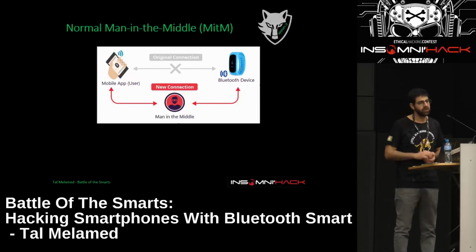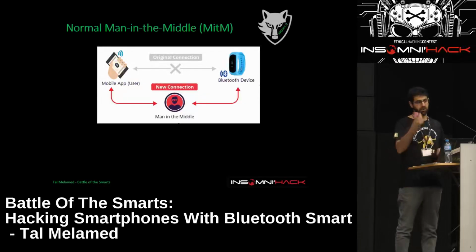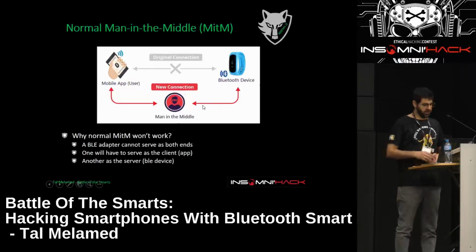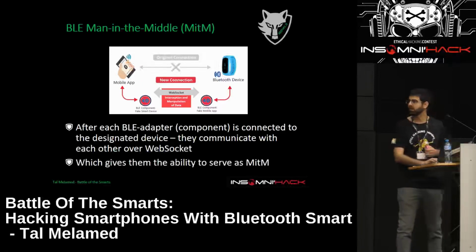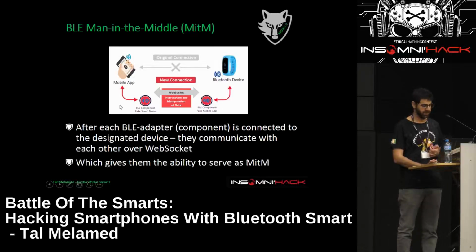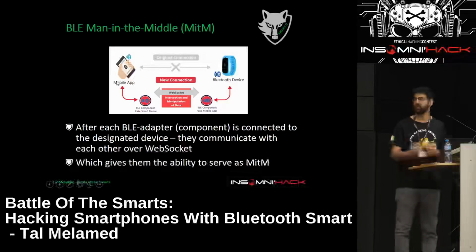So what we need to do is to have two components, or two men in the middle, that are going to serve each other's side. We're going to have one Bluetooth device that connects to the actual device and serves as the client, or the mobile app, let's say, and another BLE dongle that connects to the app and serves as the device.